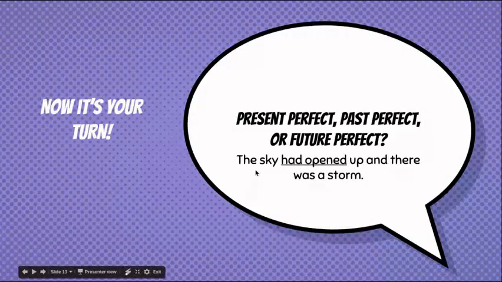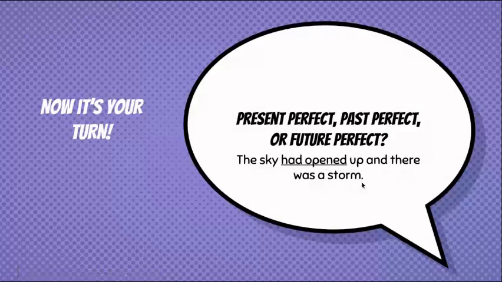The sentence says the sky had opened up and there was a storm. Is this telling us it's the past, the present, or the future? The sky had opened up and there was a storm. Notice a form of the word have and a past participle.